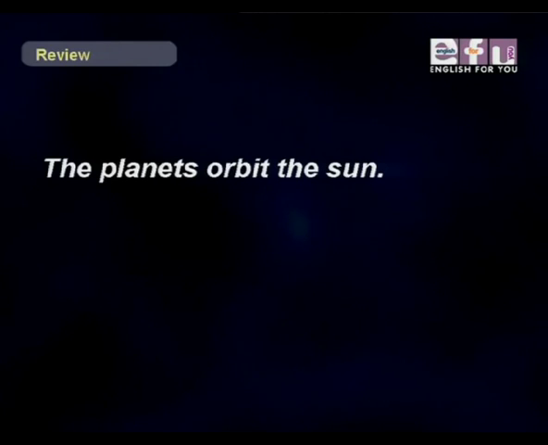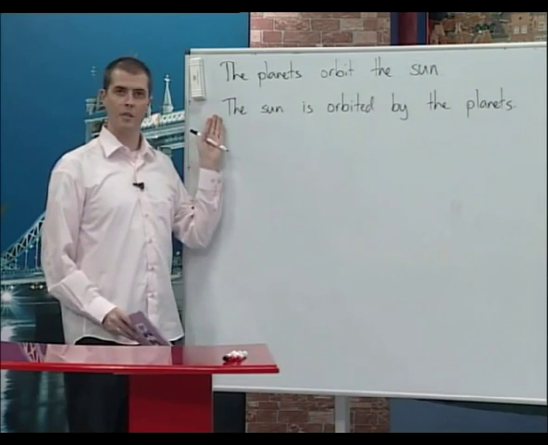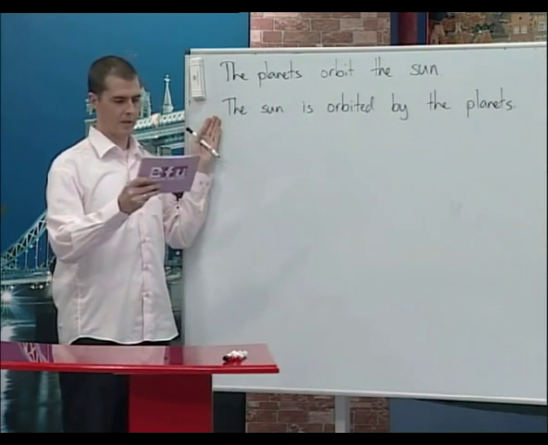The planets orbit the sun? That's easy. The sun is orbited by the planets. Good. The sun is orbited by the planets.